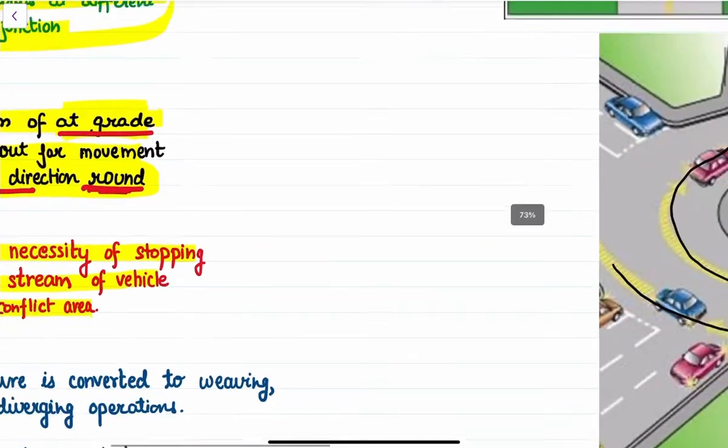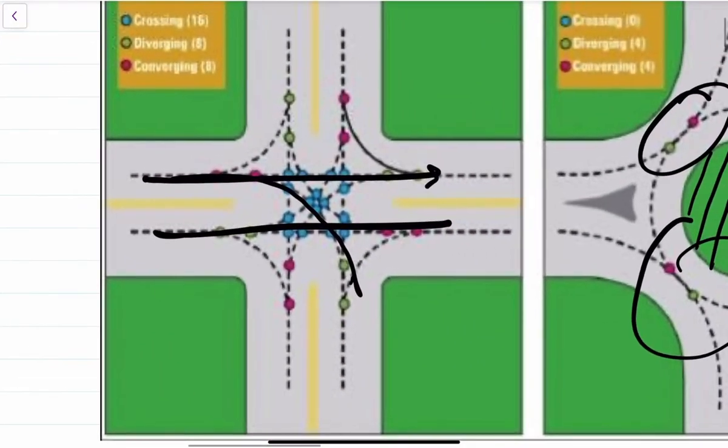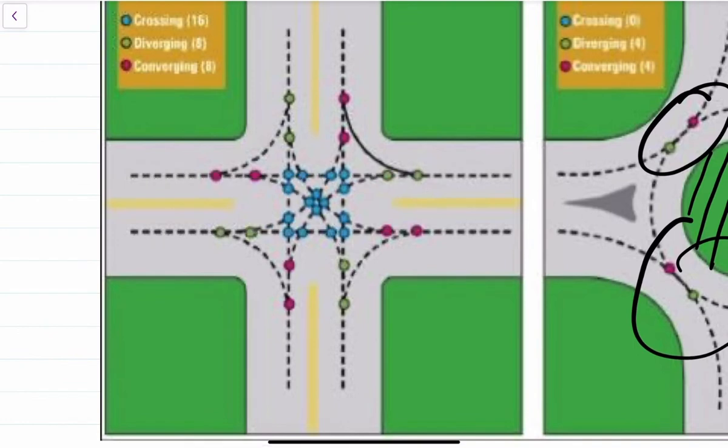What this means is that these are the conflict points that will be created, right? So a vehicle that is traveling in this direction, and there is a vehicle that is traveling from here to here. What will happen is either there will be an accident, or one of the vehicles will slow down to avoid this accident.